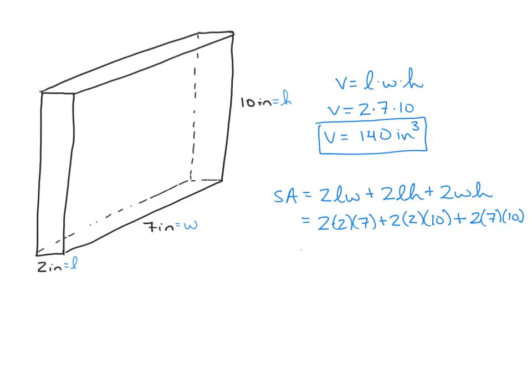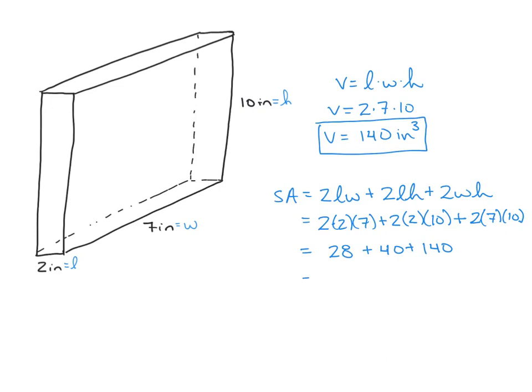All right, if we go ahead and multiply this out, we get 2 times 2 times 7 is 28. 2 times 2 times 10 is 40. And 2 times 7 times 10 is 140.